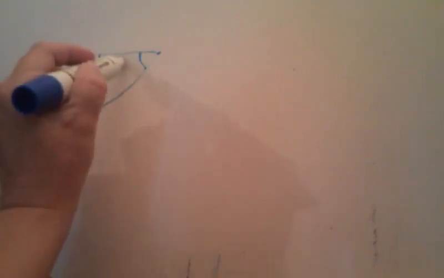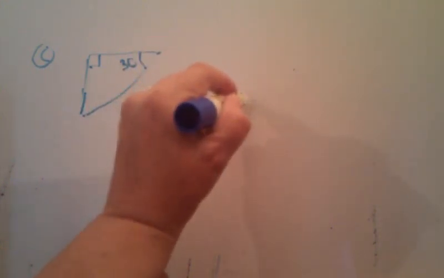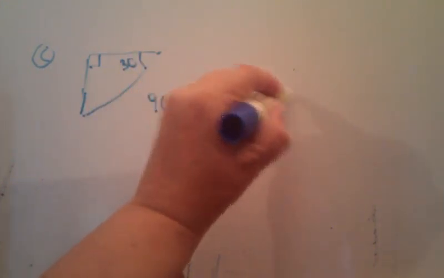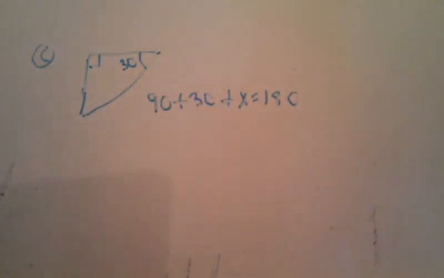Whenever you have a square, that means 90, right? And this right here is 30. What does this other angle have to equal? We'll have 90 plus 30 plus, I'm going to say x, equals 180, because every triangle has to be 180 degrees.